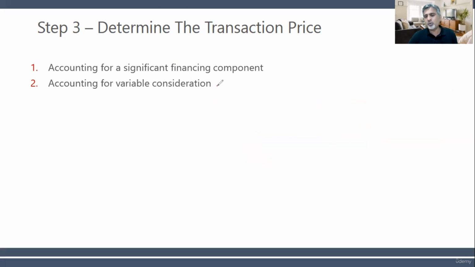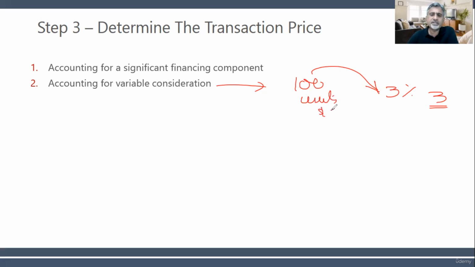So let me just give you one double entry. Let's suppose I sell 100 goods. I'll explain it in detail in the next lesson with the help of a very technical question. Here I'll just give you the basic principle. Let's suppose each unit is $1, and I sold 100 units for $1 each.